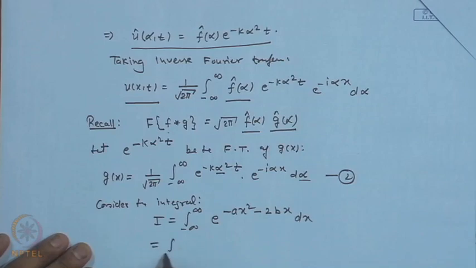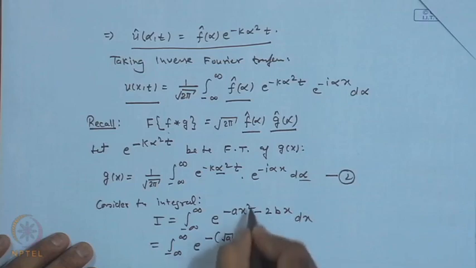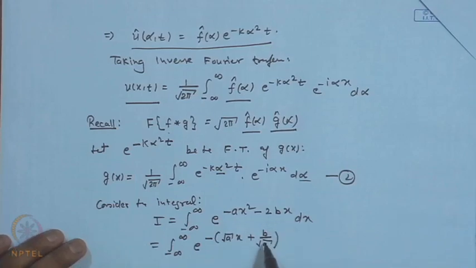So, integral from minus infinity to plus infinity of e^(-(square root of a x + b over square root of a) squared). This whole square will give us the multiplication of these and 2 times 2xb with minus sign.